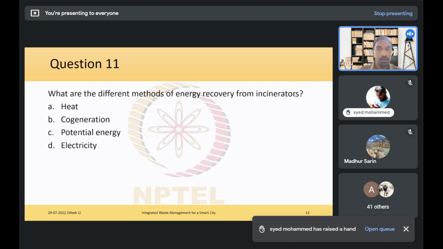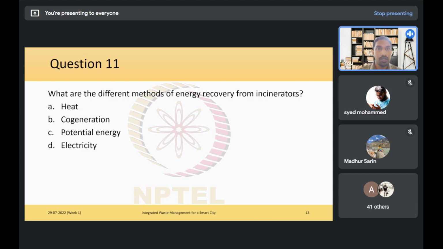If you want to convert it into a useful form of energy, we need not do incineration directly. We can convert it into a different form of fuel which could later be used for combustion. That is called refuse derived fuel. But when we say incineration, it is about combusting the waste.